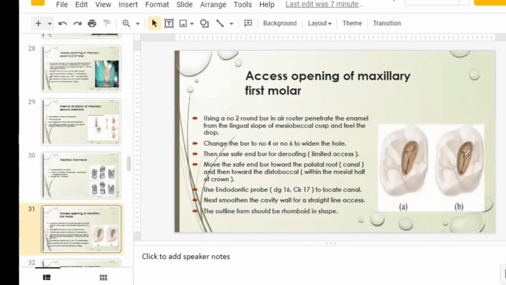So how to achieve this? Once you have done this type of axis opening, at this level you have to use trephination. Take your DG endo probe and try to refine a little bit, then you'll get a second drop. That is called MB2.